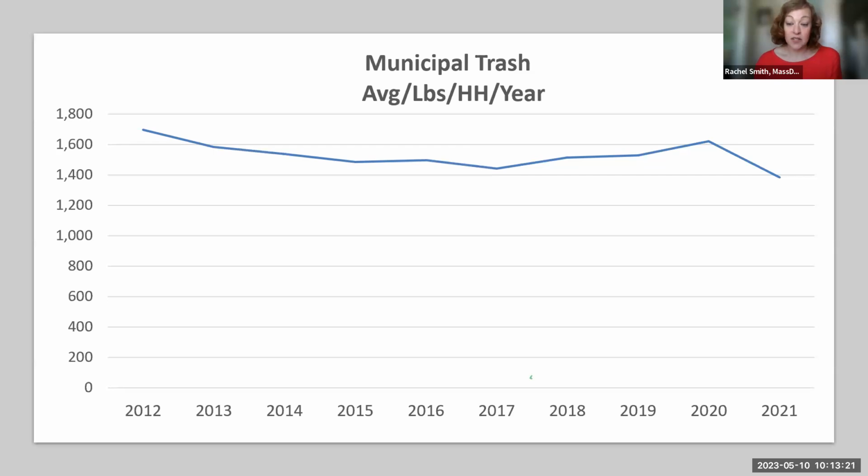Our 2021 data shows a marked decrease. It's back to around the 2017 levels, which is a positive change. And it suggests that some things in the trash and recycling world are kind of getting back to normal. But if we want to meet our solid waste master plan goals for 2030, we need to do more than just get back to normal.